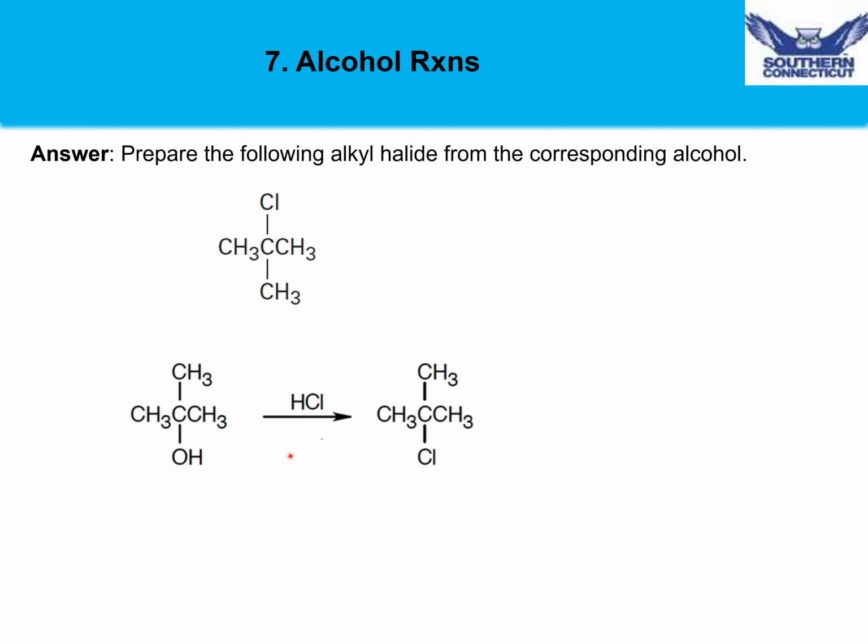Another option you might consider is thionyl chloride. Now, thionyl chloride converts alcohols into alkyl chlorides, but it does it through an SN2 reaction, so it's better to use it for primary and secondary alcohols instead.